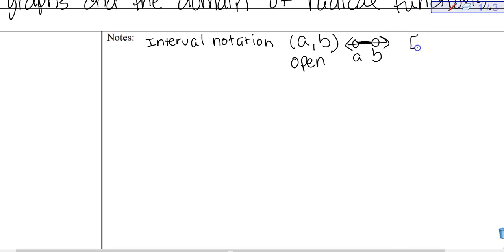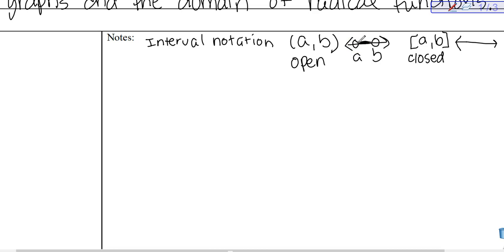The other one is a closed interval. Okay, this is what we would call a closed interval or an inclusive interval. It is a bit more finite. Actually, it's measurable. The open one's not measurable, because can I get closer and closer and closer to A and never reach A?